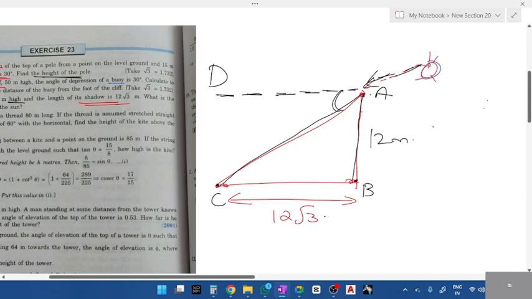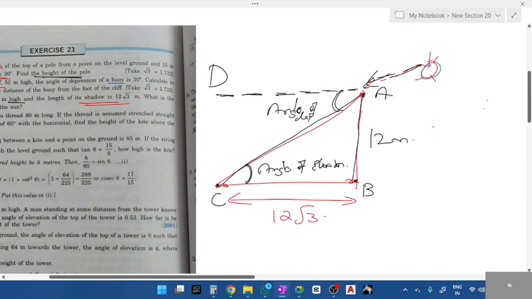Is it in the downward or upward direction? Downwards. So this is the angle of depression. If you want to find the angle of depression, what is the other angle which will be the same? Angle of depression is equal to angle of elevation.